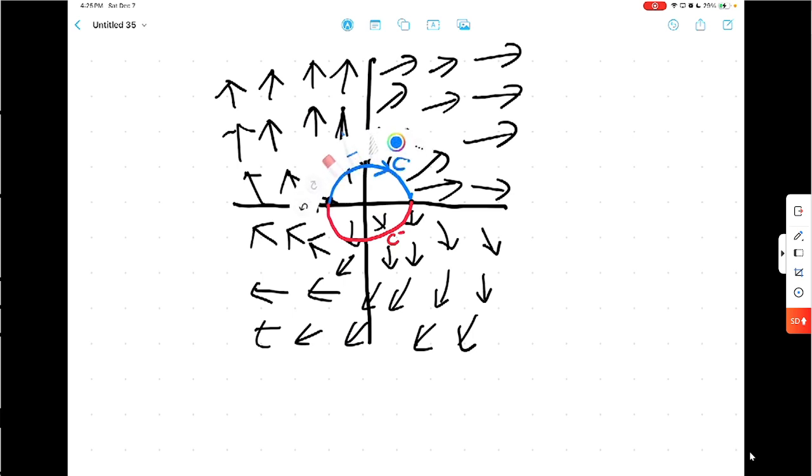C plus will go in the direction that I have, so it'll go from this initial point to this final point here. So this is initial, final.